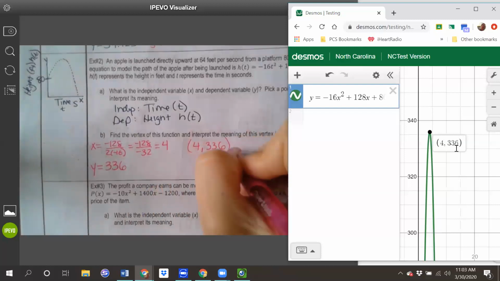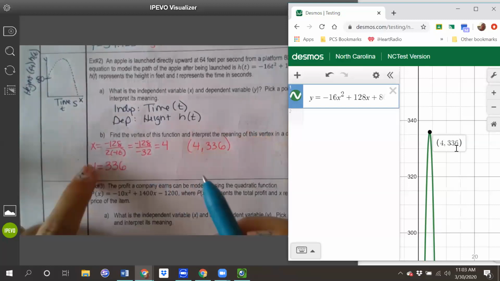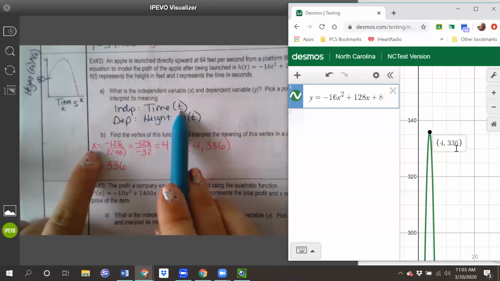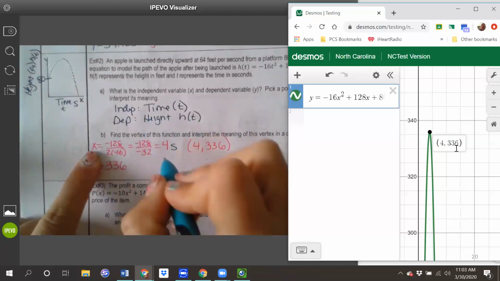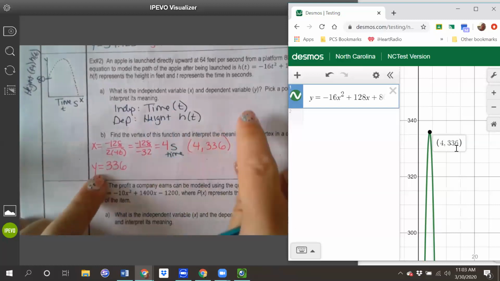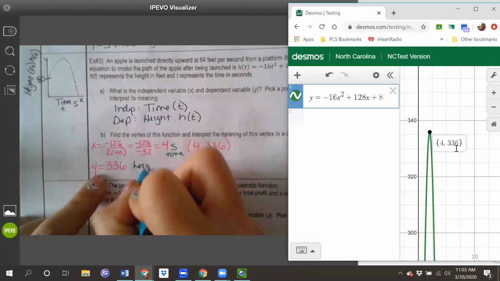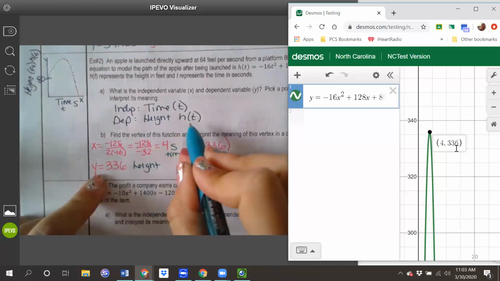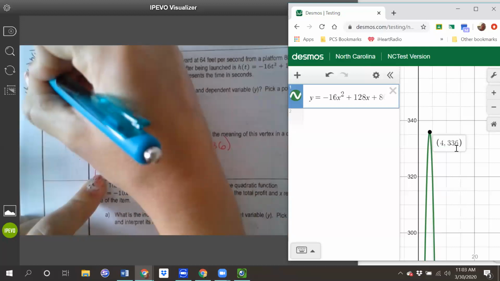So we have to write what this means in words. So think about it. X was the amount of time in seconds, right? So that is time in seconds. And then Y was the height, and height was in what? I have to go back where h of t represents the height in feet, or I could go back here where I labeled it.